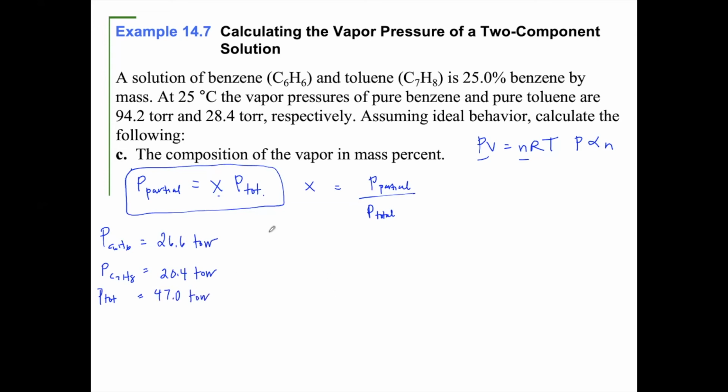Okay, so in order to find the mole fraction of the gas of benzene, we're going to be dividing the partial pressure of benzene by the total pressure. So that gives us 0.56595 as a mole fraction. Then for the mole fraction of the toluene, we're just going to subtract the mole fraction of benzene from 1.